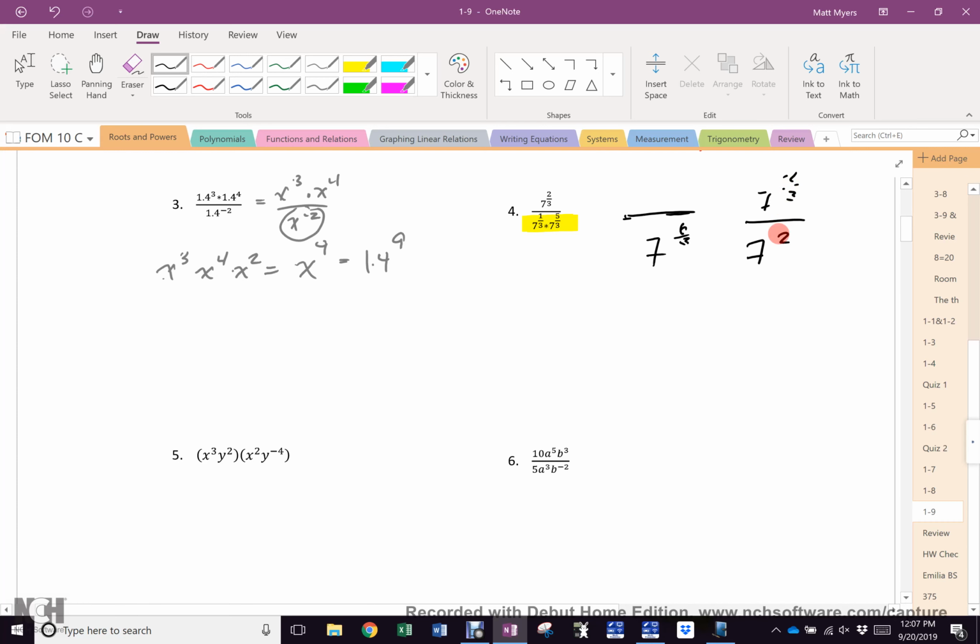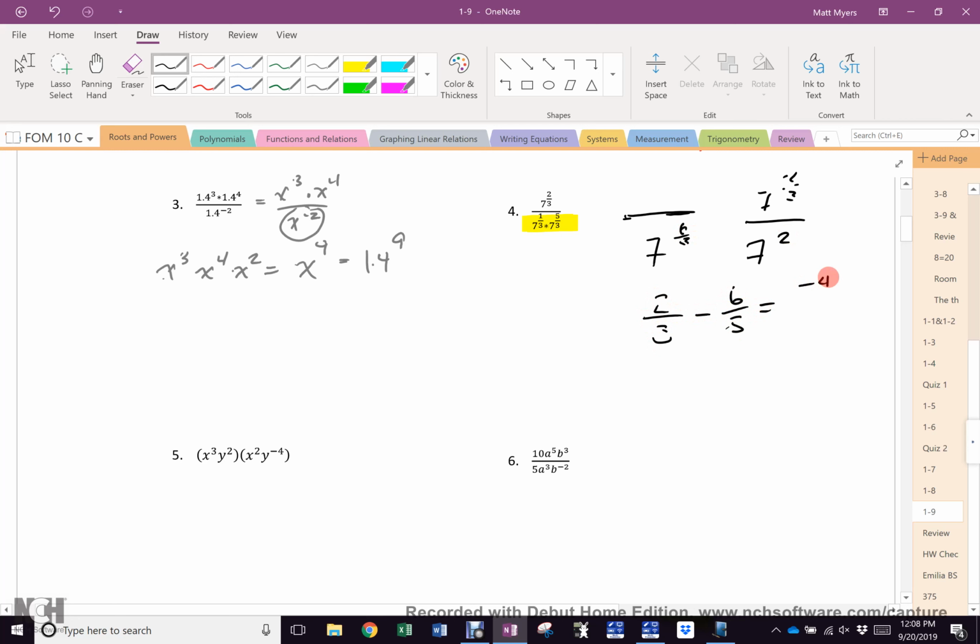What are you going to do here? What math do we do with those exponents? We subtract, right? So all of you went 6/3 to 2, and that's okay, right? Because that's what you want to do. You want to get rid of those fractions. But I had 2/3 minus 6/3, didn't I?